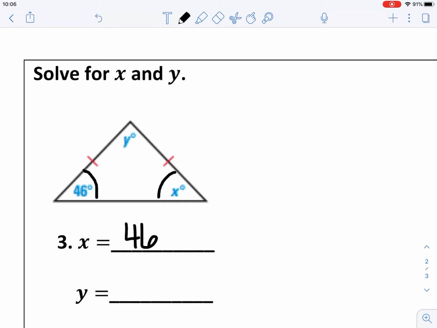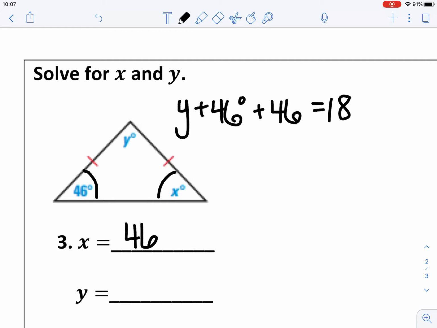Angle y, therefore, can be calculated by the equation that tells me that y plus 46 plus 46 is equal to 180 degrees. As angle x down here is 46 degrees, again, we know two angles of the triangle, and we can calculate for the third. So y plus 46 plus 46 equals 180 degrees.